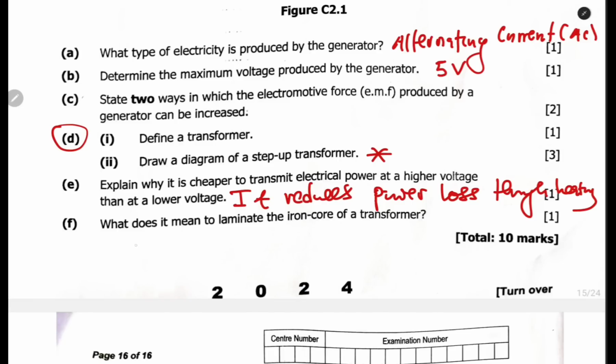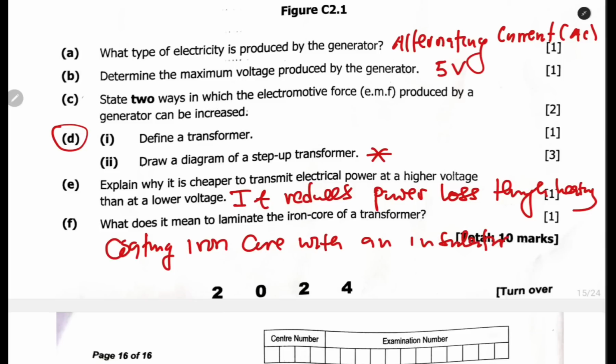Then, what does it mean to laminate the iron core of a transformer? That is question F. So what it means is coating the iron core with an insulator.